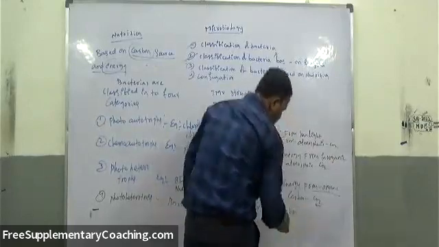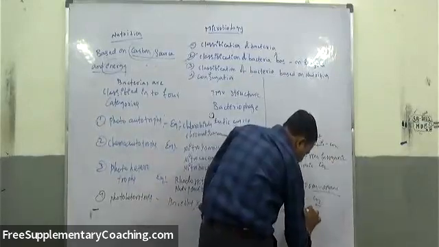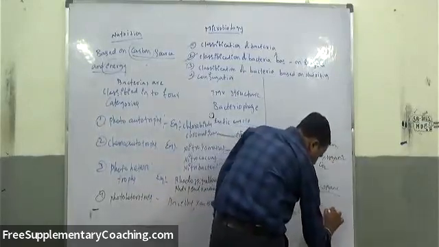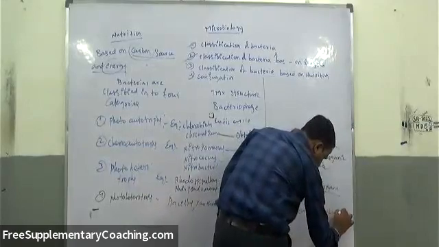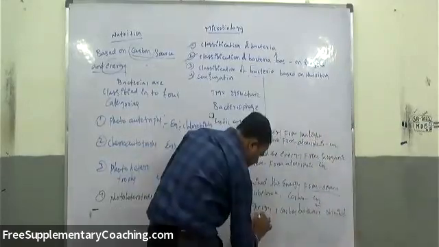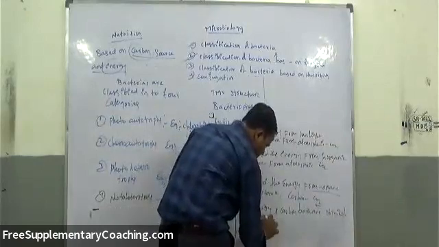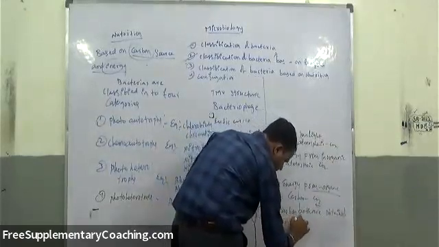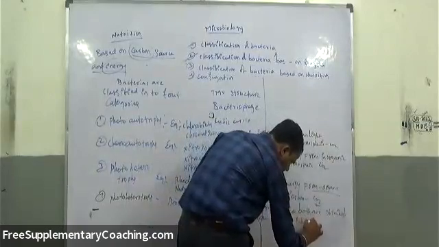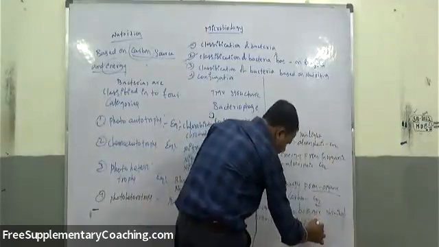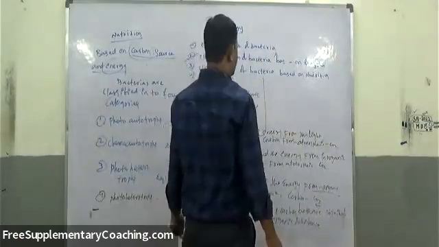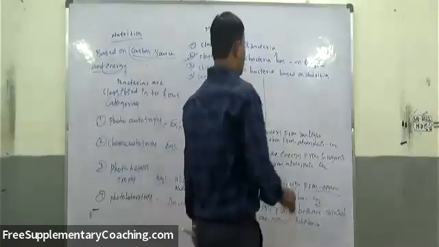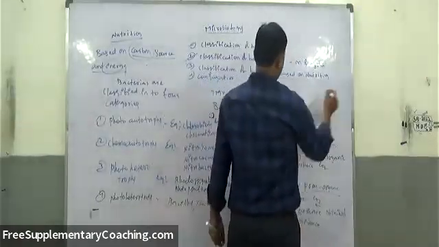Energy and carbon both are obtained from organic substances. Again, chemoheterotrophs are two types.